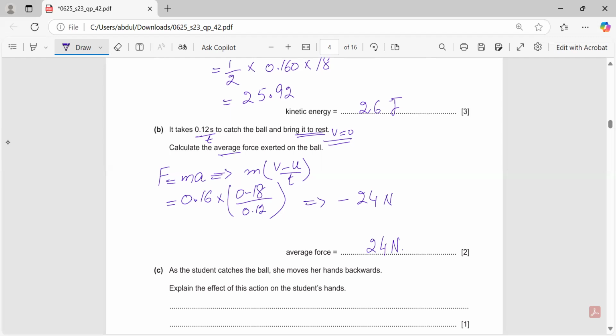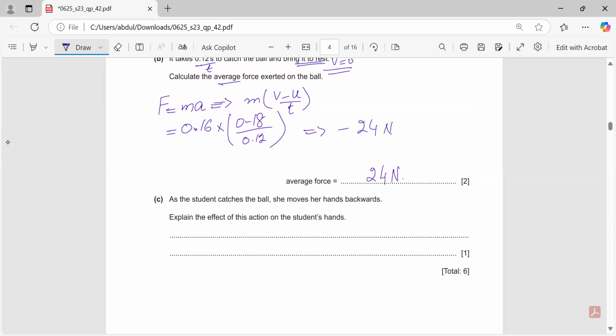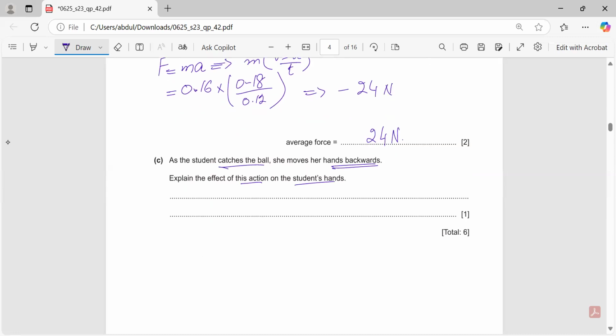Okay. Now, as the student catches the ball, she moves her hands backward. Explain the effect of this action on the student's hand. When she moves her hands backward, it will increase the time of contact between the hand and the ball.